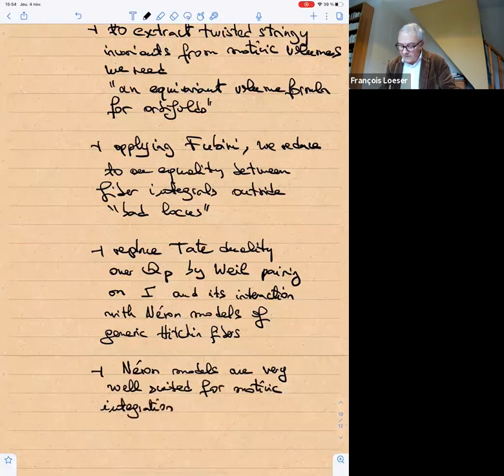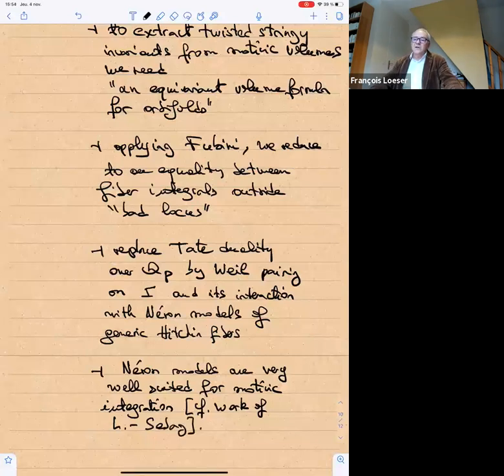This goes back to my work some time ago with Julien Sebag, where we developed motivic integration on rigid varieties, and for this we use extensively Néron models.